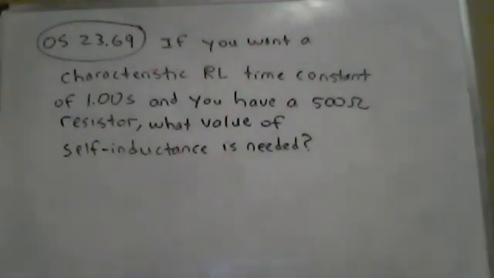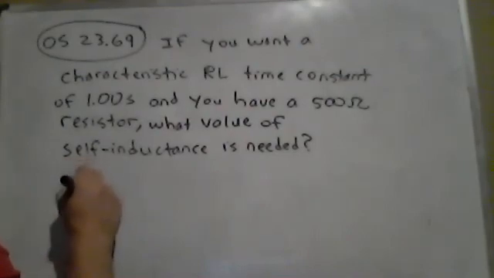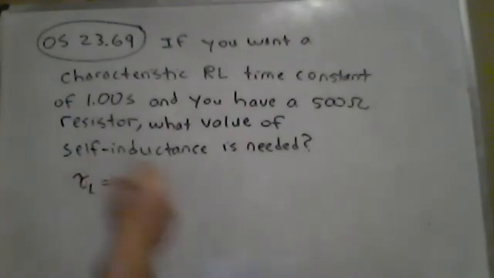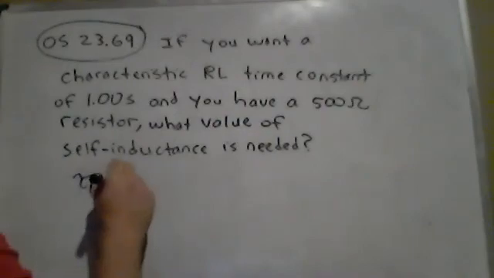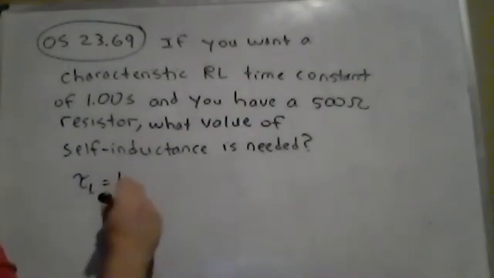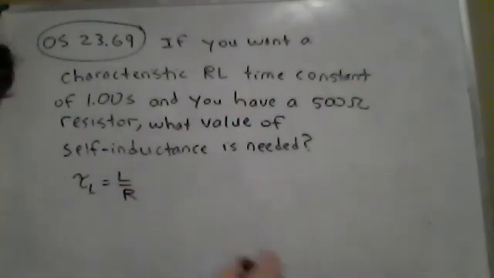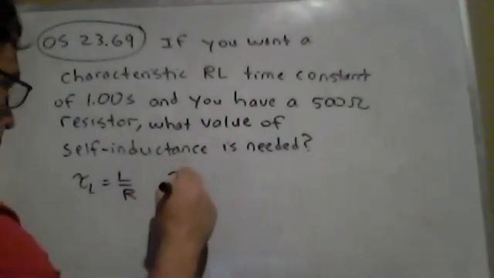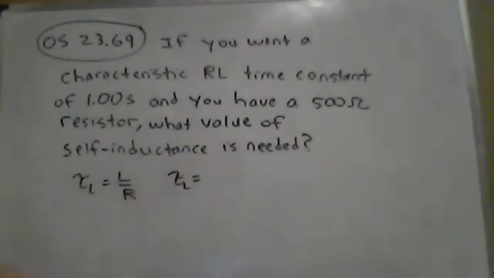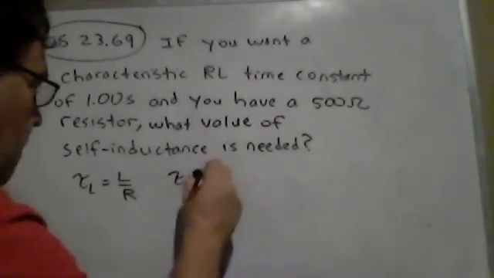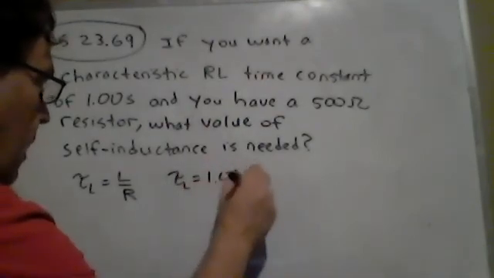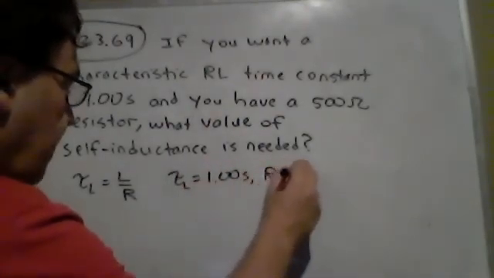Okay, so it's not too bad of a problem here. I know the inductive time constant. It is L over R. We're basically being told I know the tau that I'm shooting for. Here's 1 second. And I know the resistance is 500 ohms.